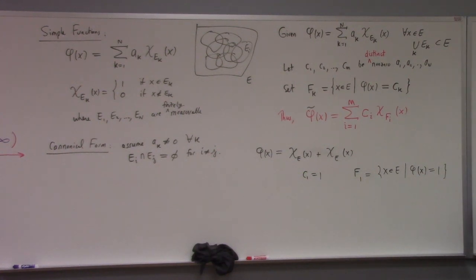But to avoid this problem, we should just collect. It's a finite linear combination, so it's unambiguous to collect these. To avoid your counterexample, I make it 2 chi-E, and then my C1 is 2, and everything's fine and dandy. The simple function is built from summing together finitely many of these characteristic functions with constant coefficients.